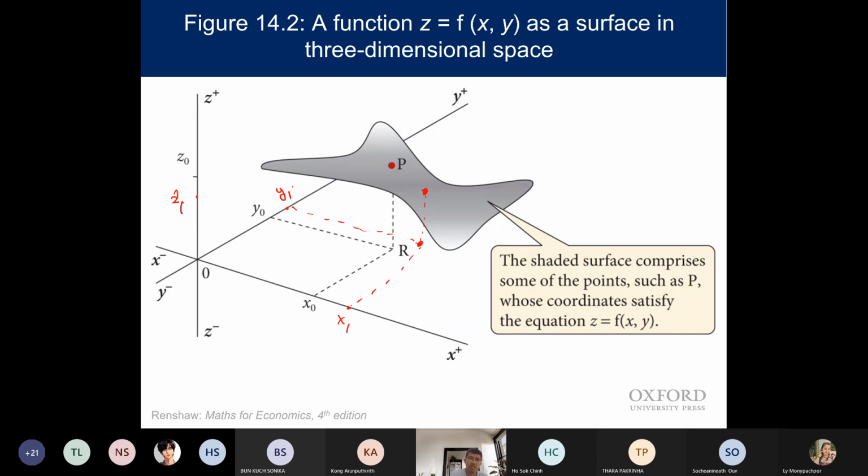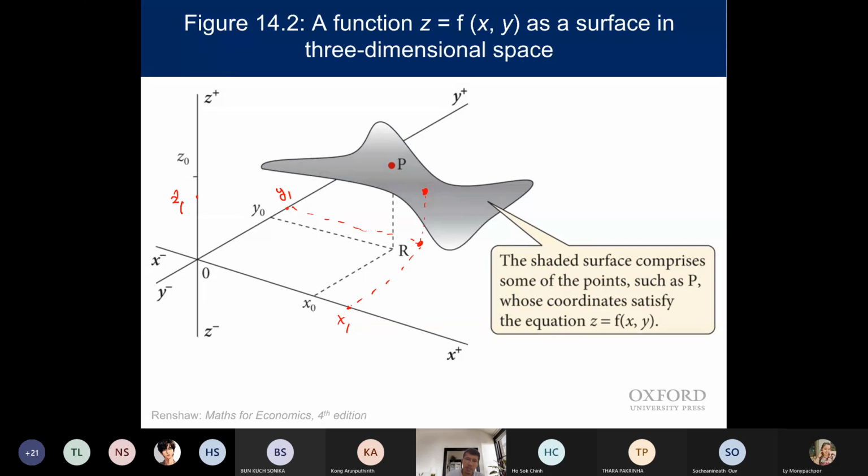The level corresponding to the pair x1 and y1. So when you think of all possible values of x and all possible values of y, that will trace out a surface, not a curve anymore. So in general, the graph of a function with two variables is a surface in space.